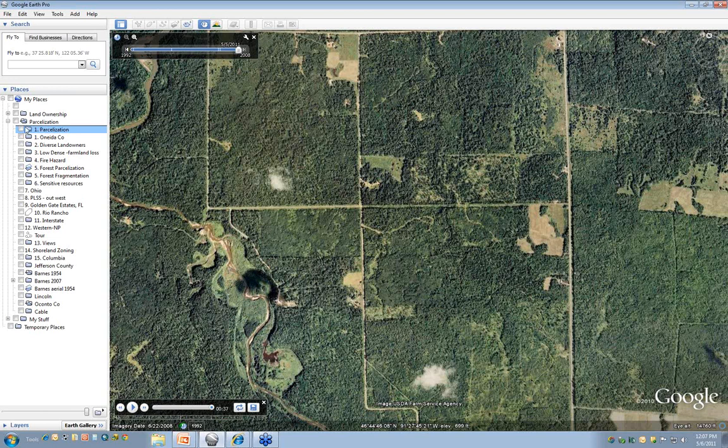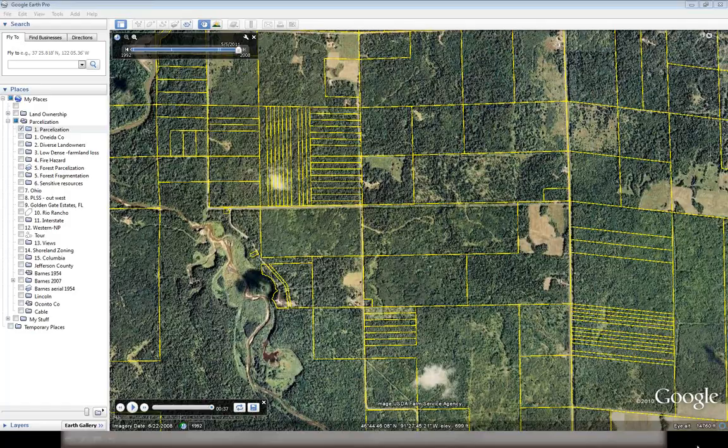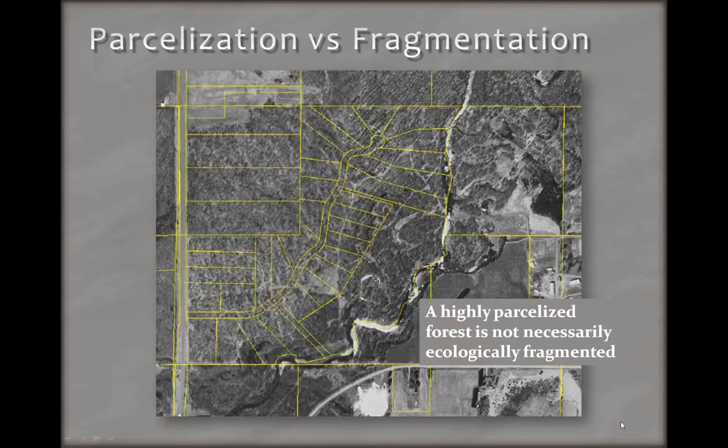When you overlay the current parcel landscape, it tells a different story. One would argue that this is highly parcelized, and so this can have extreme and dramatic impacts on the resources there in terms of forestry and others. Another example here is a platted subdivision without any development yet.